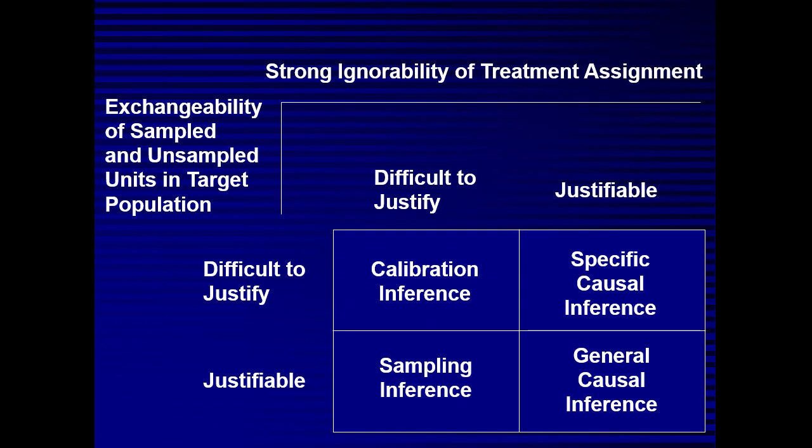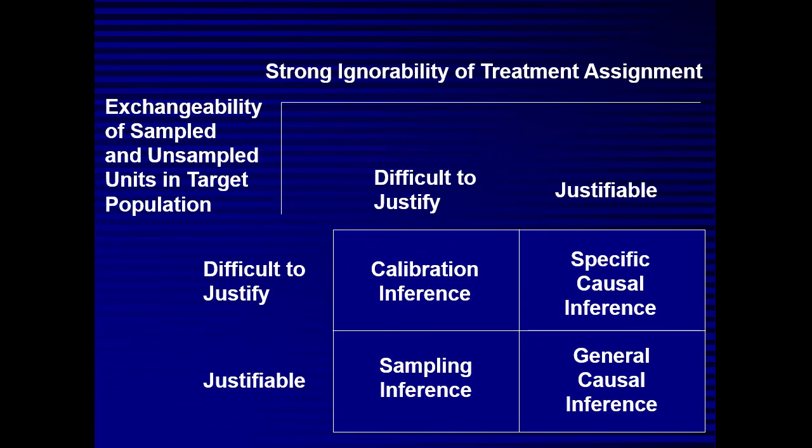When it's difficult to justify that your sample represents the population, then you either have calibration inference, because it's also difficult to justify the ignorability of assignment to treatment conditions, or you can have causal inference, but that causal inference is for the sample you're working with, not the population.